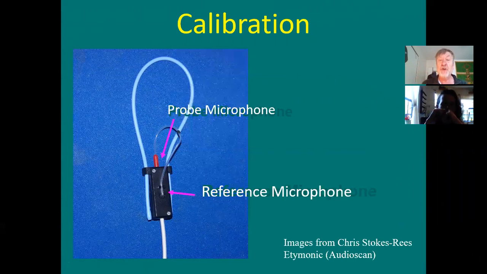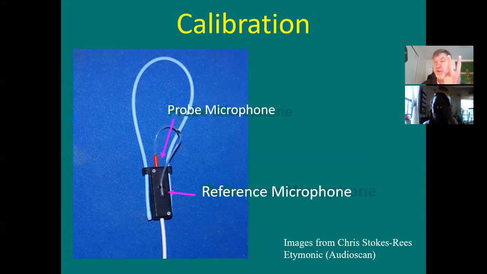So what you're doing is laying the tube over top of the reference mic, holding that about 18 inches away from the speaker, and letting the stimulus come out of the speaker. And what you're doing thereby is getting rid of the effects of that tube, because it's going to have some effect on the sound coming into the probe mic. It's this long, thin tube, and that's what calibration does in the morning.